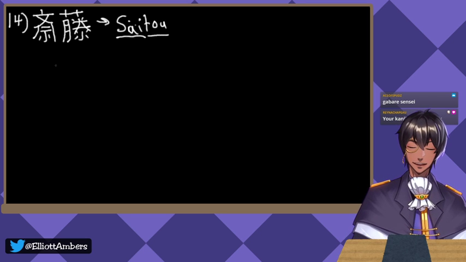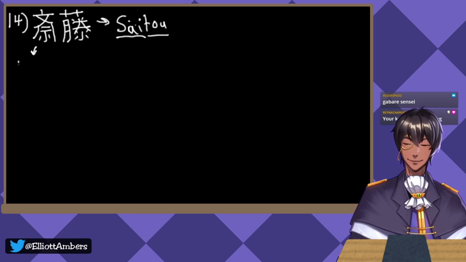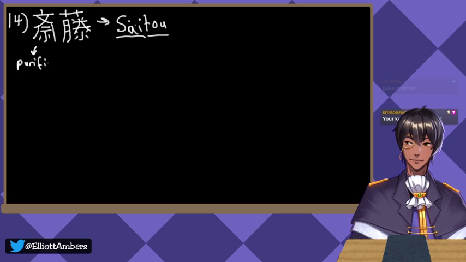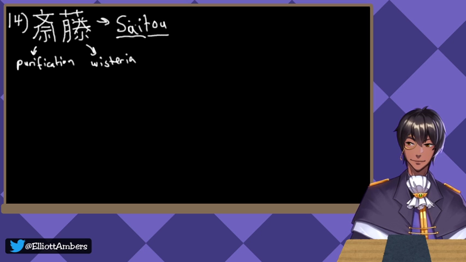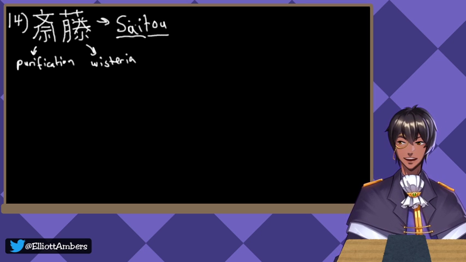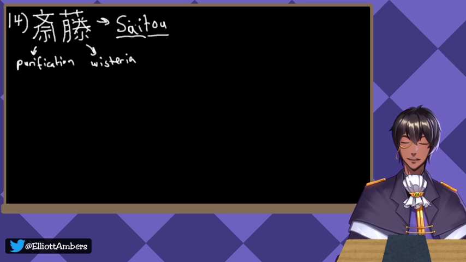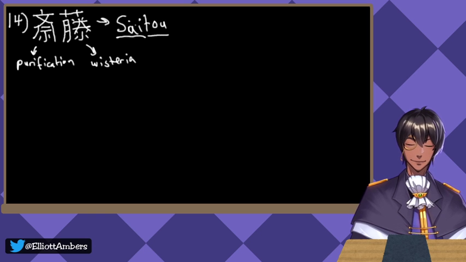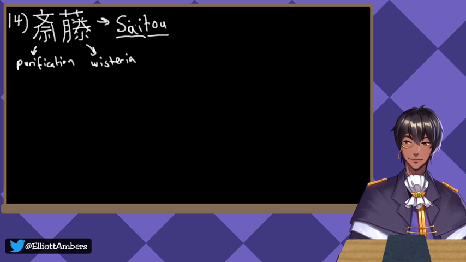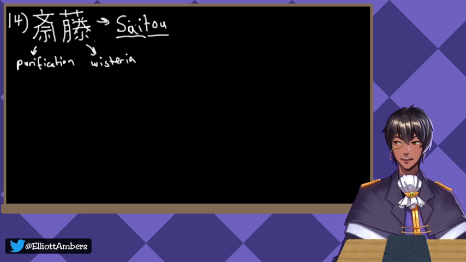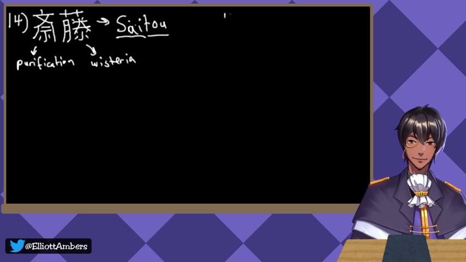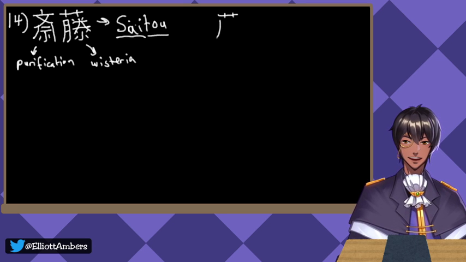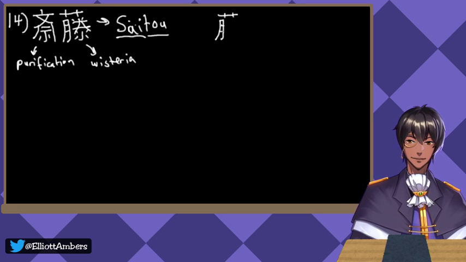And what this means: the Sai is purification, and To is wisteria. So the reading of this name is Saito. However, it's weird because this To, the translation of wisteria, the kunyomi reading for this, and this is what really threw me off when I was doing my research on these names.